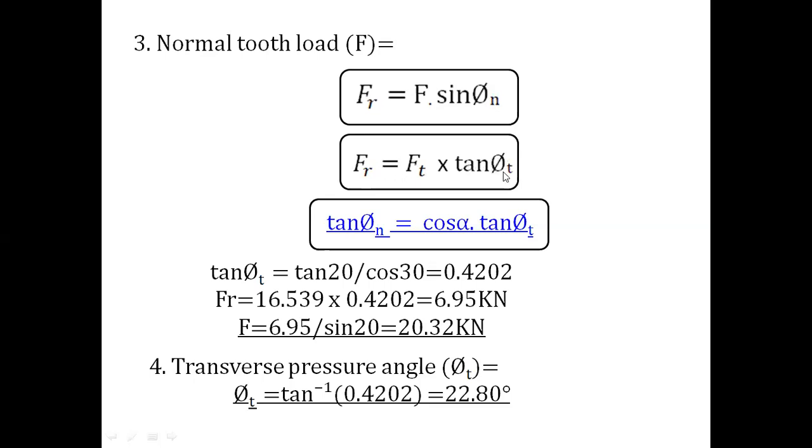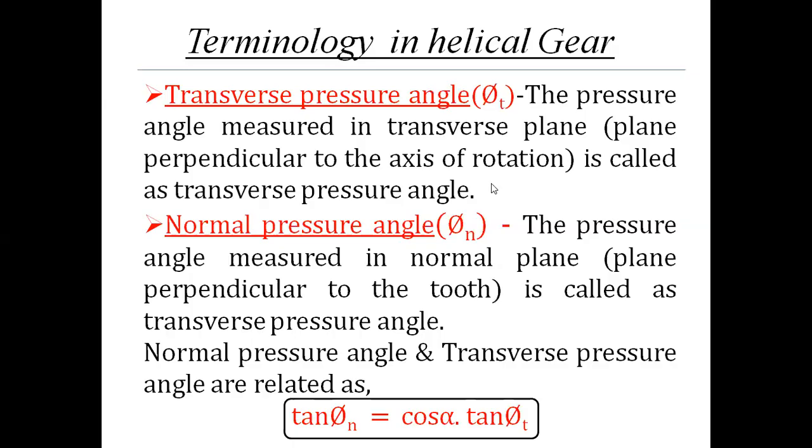So we have to first find out phi t. For finding phi t, we have this formula: tan phi n is equal to cos alpha into tan phi t. You can see here, already discussed in the previous session, tan of normal pressure angle is equal to cos of helix angle into tan of transverse pressure angle.